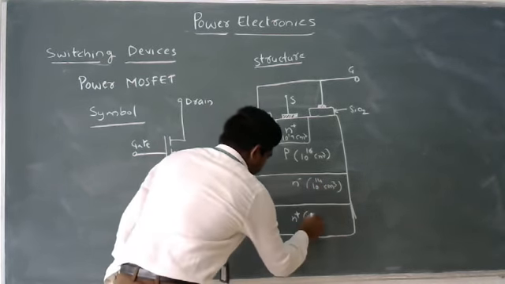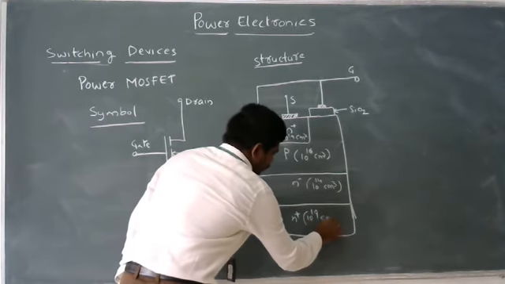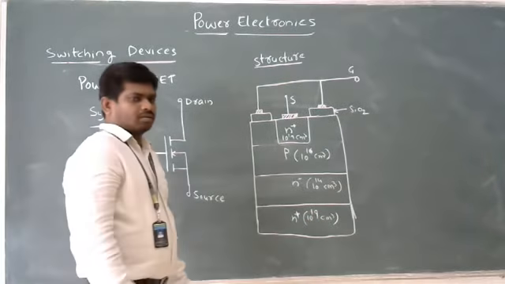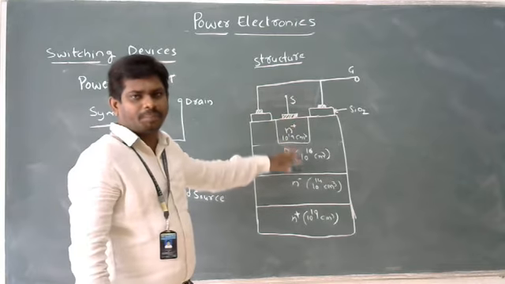Again, this is 10 power 19 per centimeter cube. So like this, there exist different doping values.